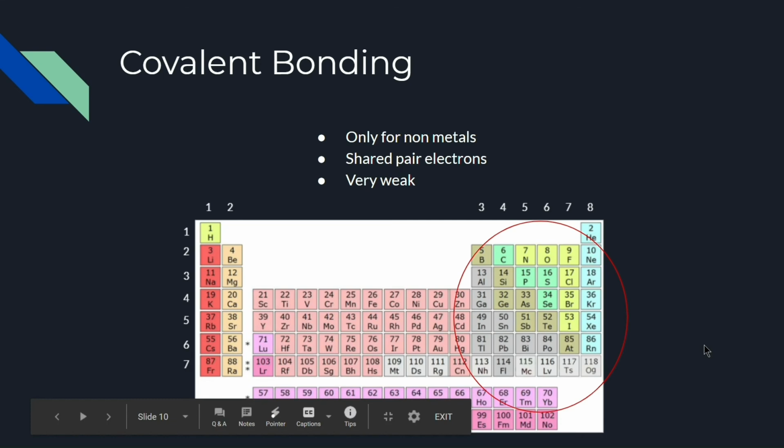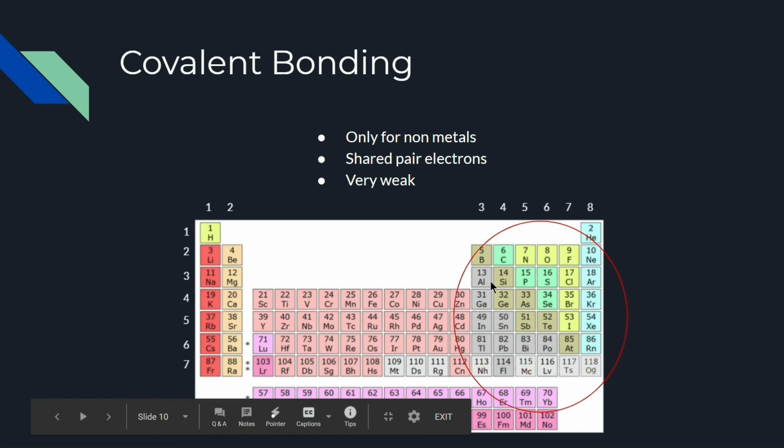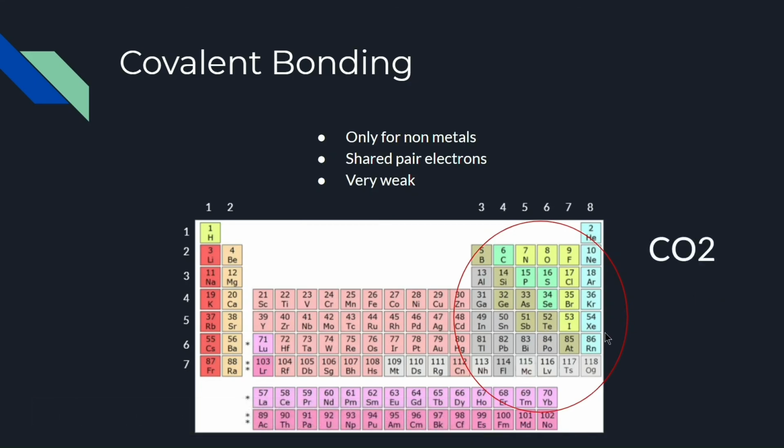So whenever you're trying to identify if something is covalently bonded, you have to take a look at its composition. If they are all non-metals, then it works. And remember, non-metals are the ones behind this staircase right here. So these are the non-metals. So examples, carbon dioxide, which I bet everyone knows is one of the most serious greenhouse gases.